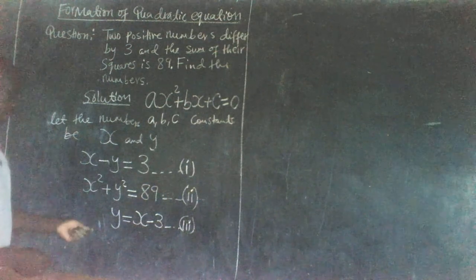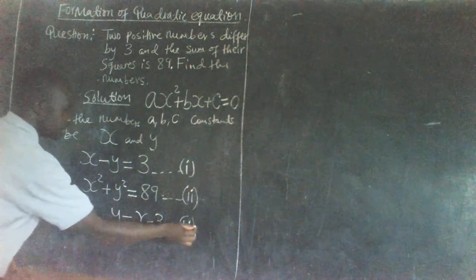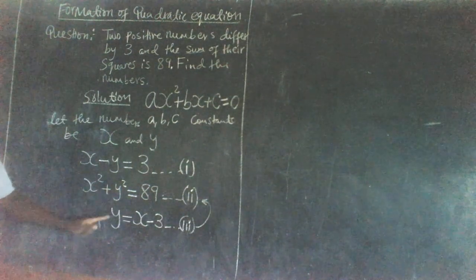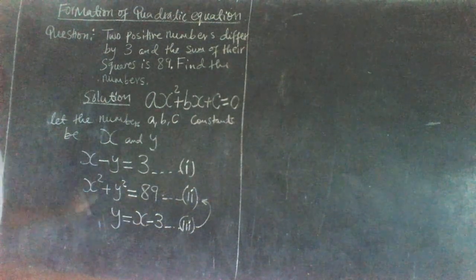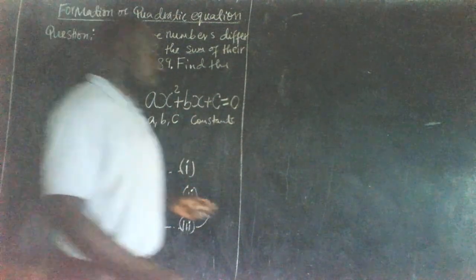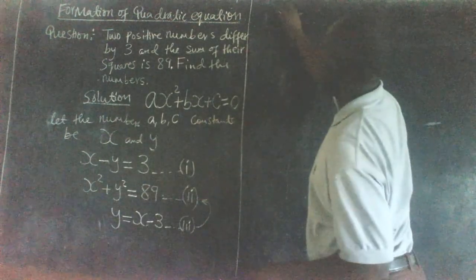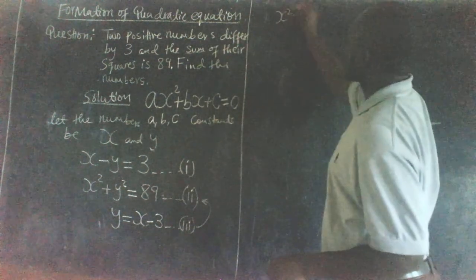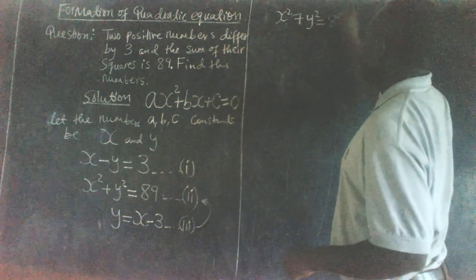Then we are going to substitute equation 3 into equation 2. Whenever we have y, we substitute with x minus 3. So the second equation is x squared plus y squared is equal to 89.